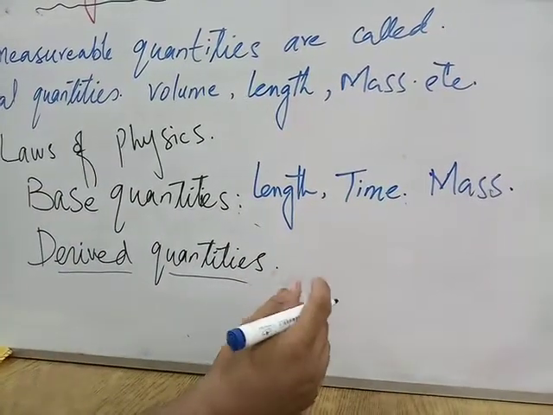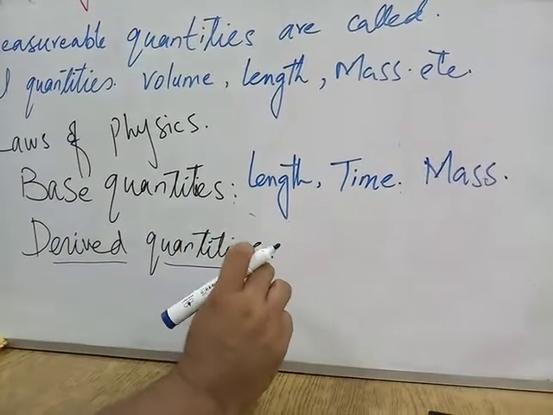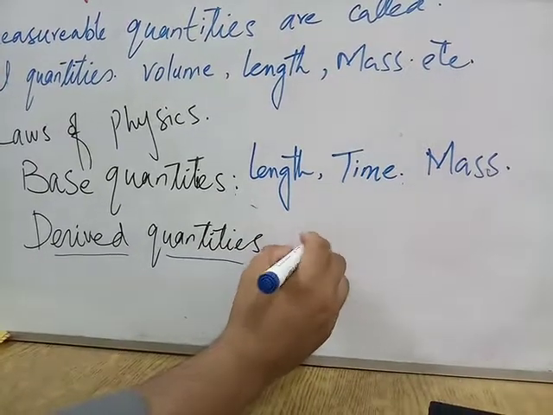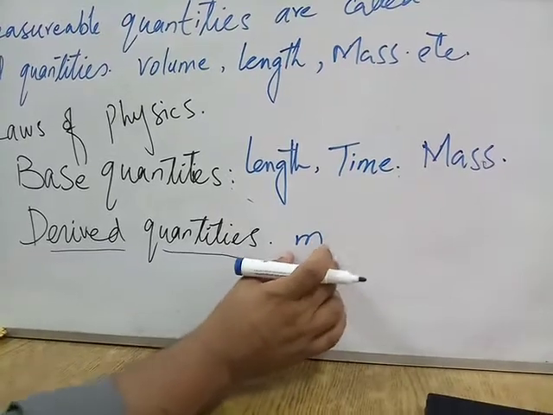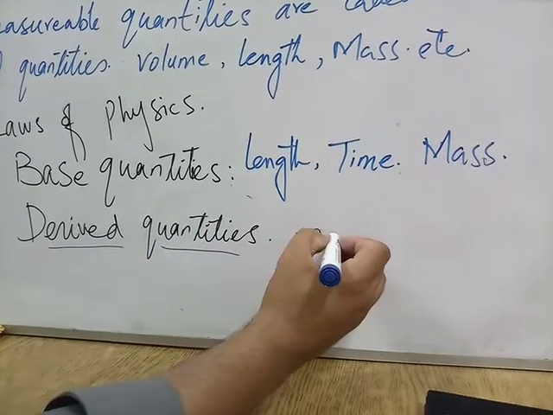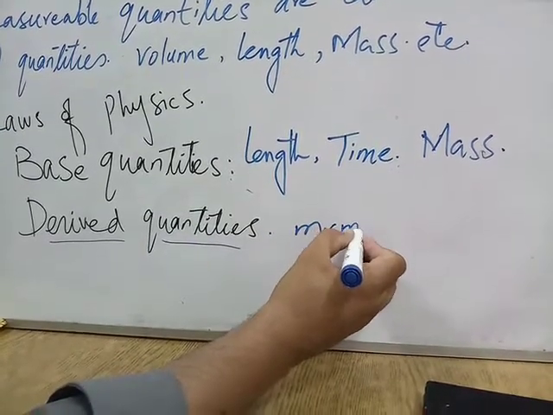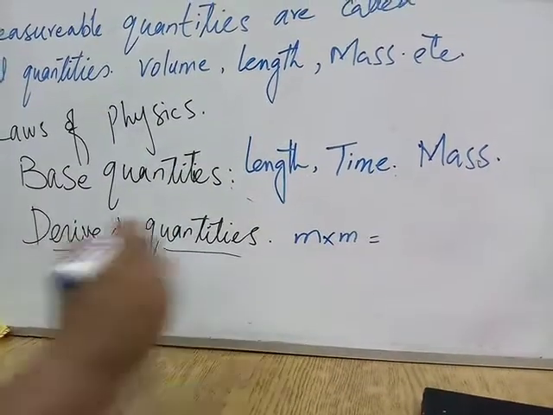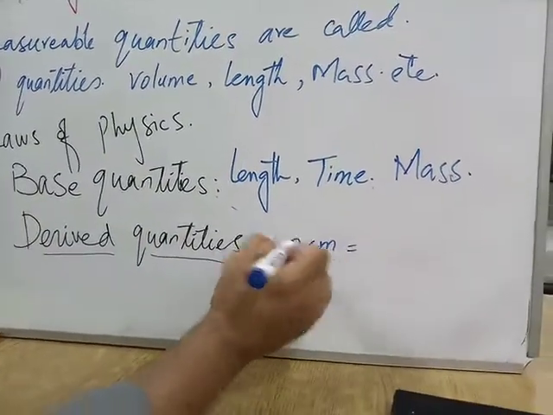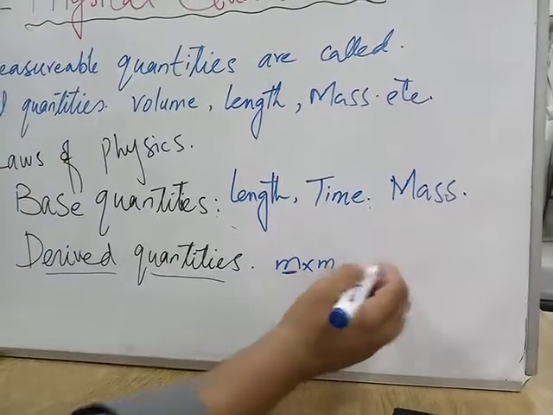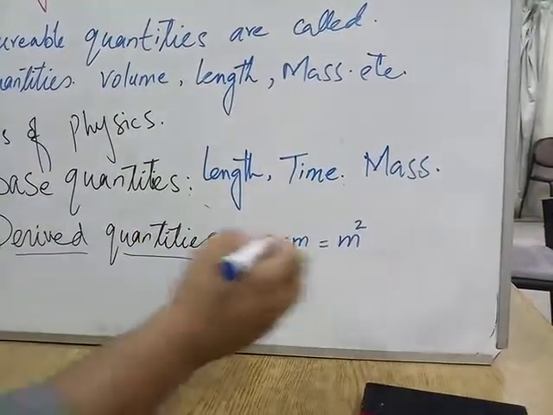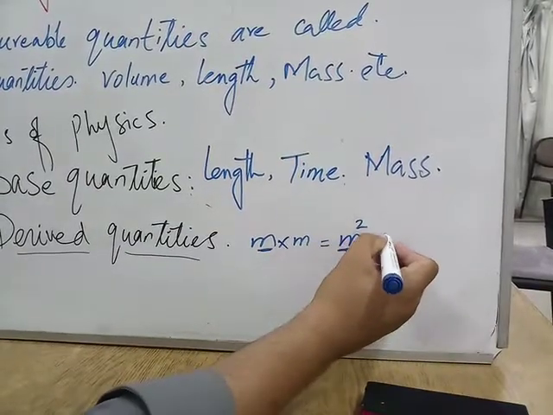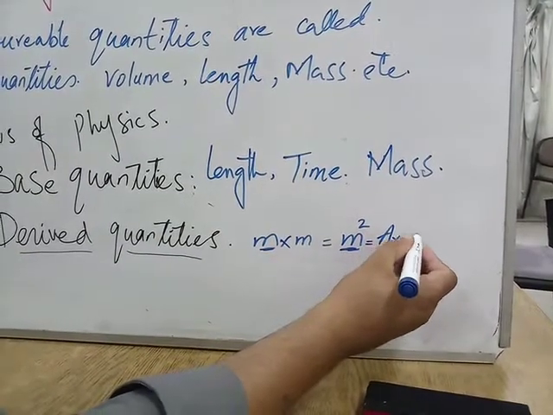Like we say that length is a base quantity, and the unit of length is the meter. Only 1 meter is a base quantity, and if we multiply by another meter, the single meter is base, and the combination of two base quantities gives us a derived quantity. It means meter square, which is called area.